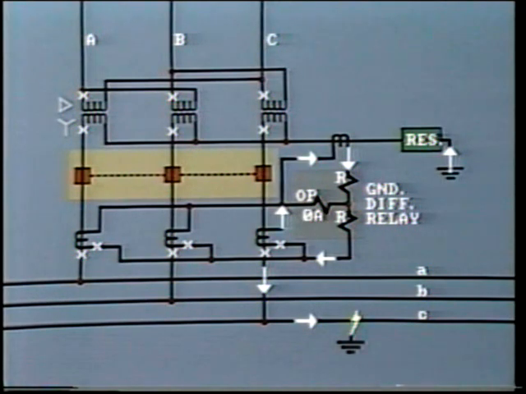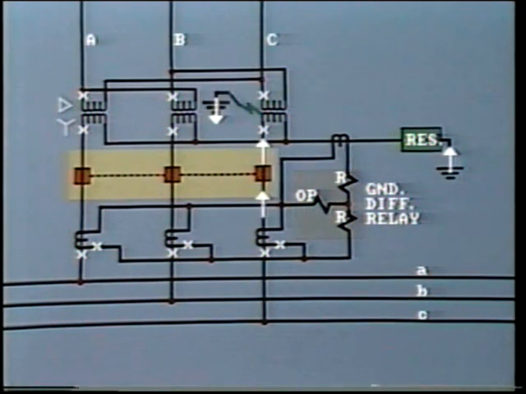Therefore, no current will flow through the relay operating coil. But if there is an internal ground fault in one of the transformer windings, the current in that CT will reverse and be added to that from the neutral CT. This current will flow through the differential relay and it will operate.